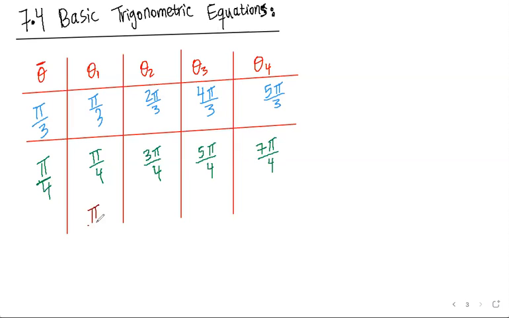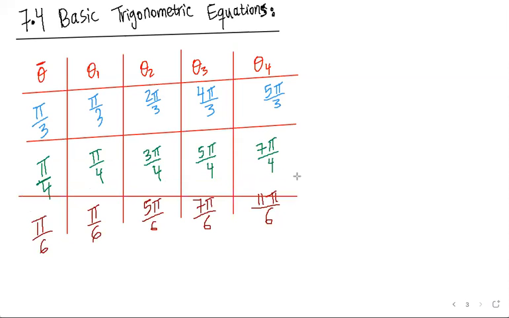And pi over 6, 5 pi over 6, 7 pi over 6, 11 pi over 6. All of these angles have the same reference as pi over 6. Any question for this? Clear?